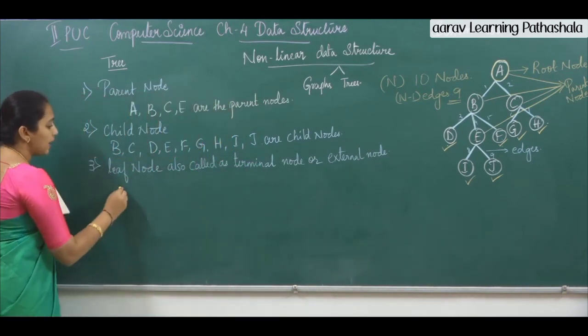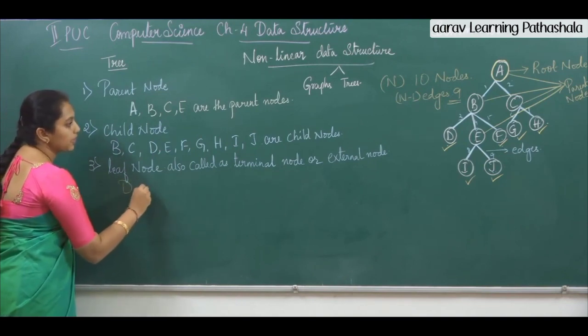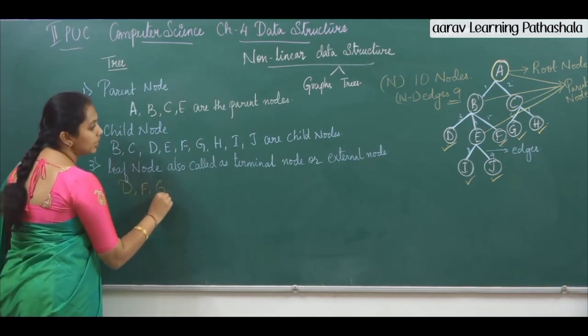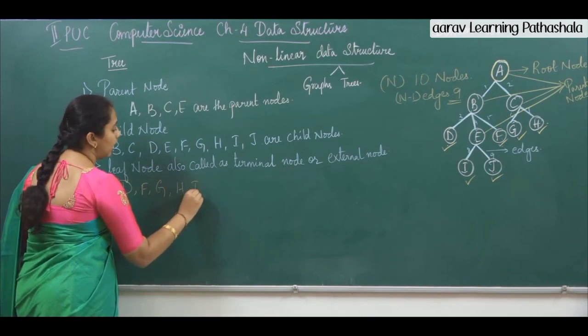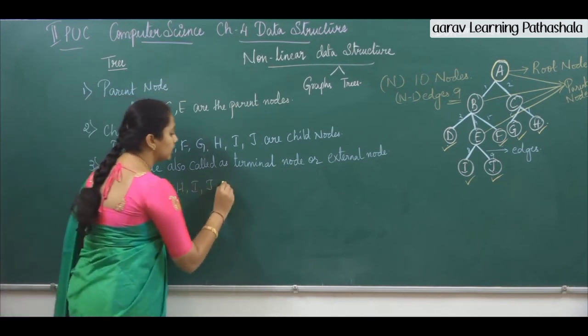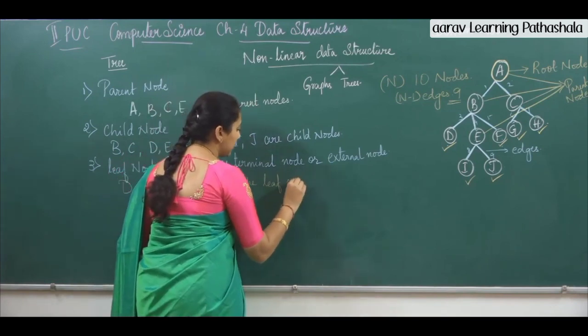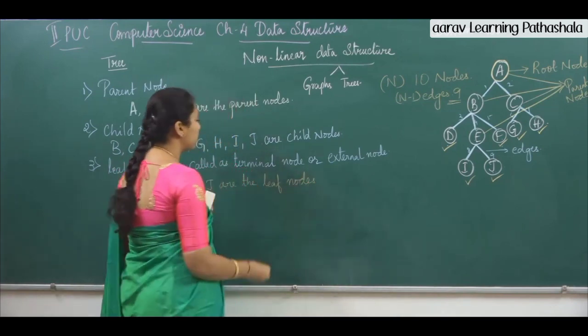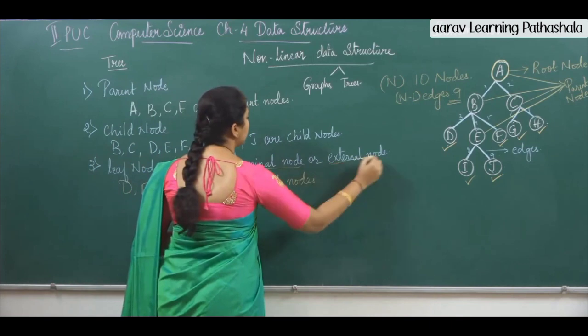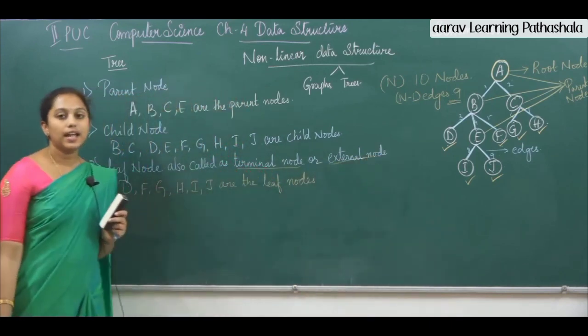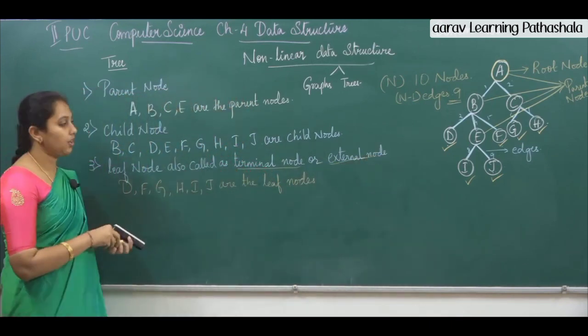In the example, D, F, G, H, I and J are the leaf nodes. These leaf nodes are also called terminal nodes or external nodes.